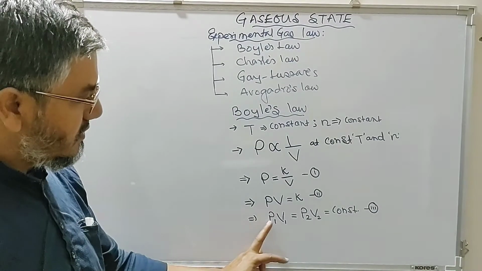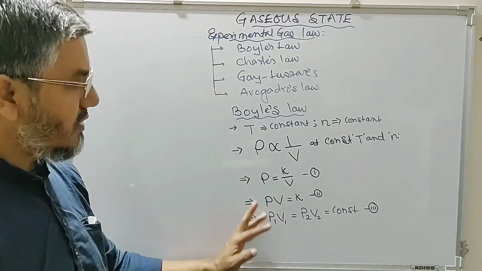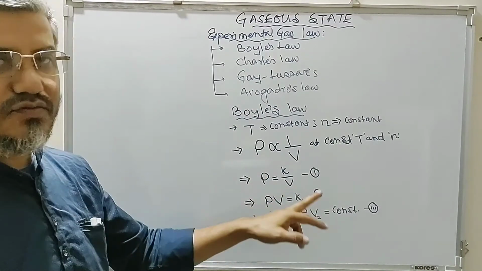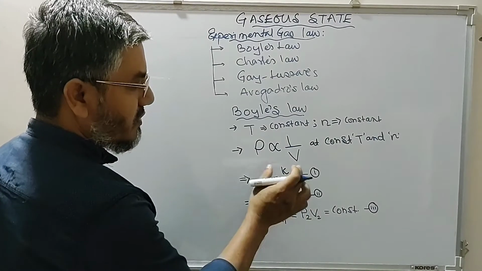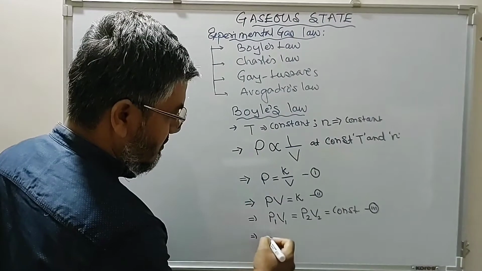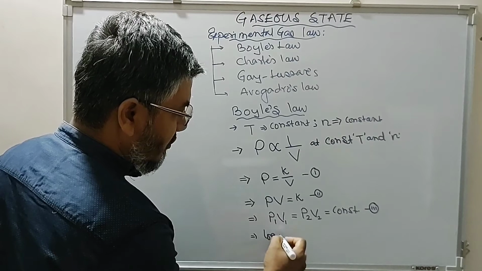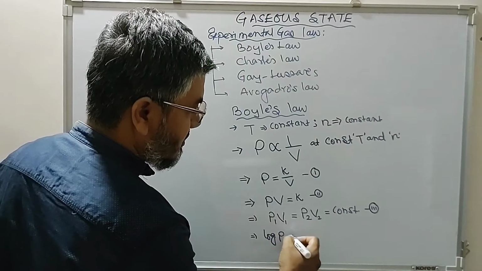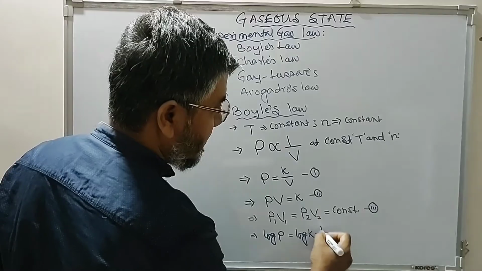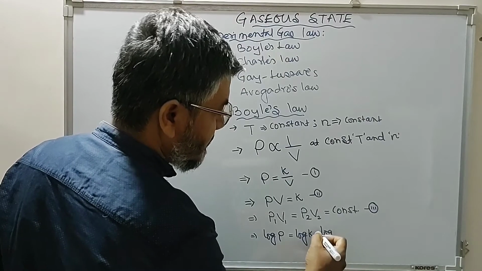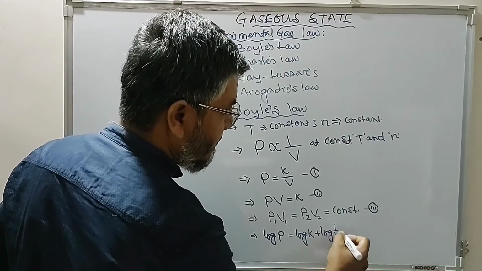Now look at this. The same equation can also be written in logarithmic form. Now we take the logarithm of equation 1, we get logarithm of pressure P is equal to logarithm of K plus logarithm of 1 by V. So take these basics of logarithm.